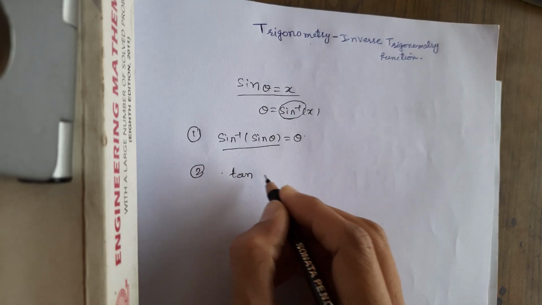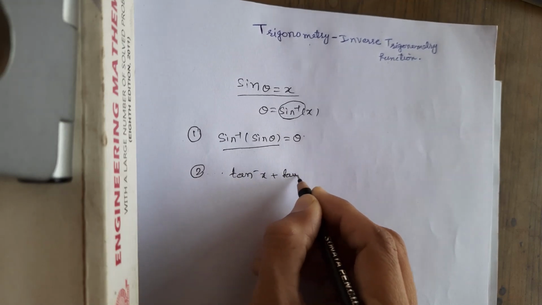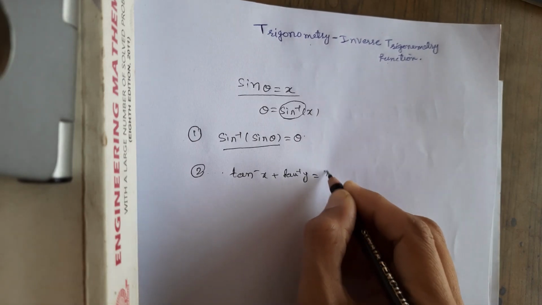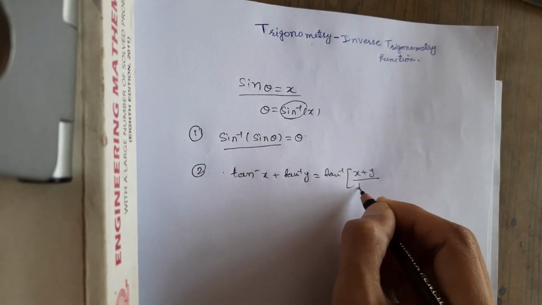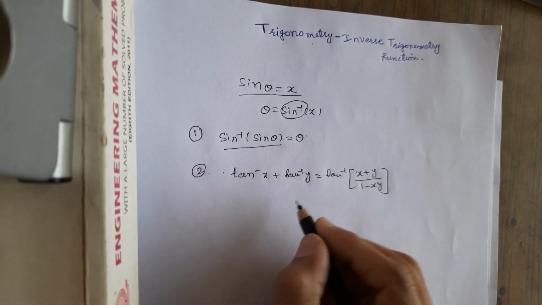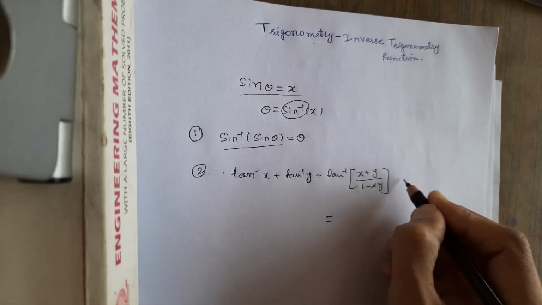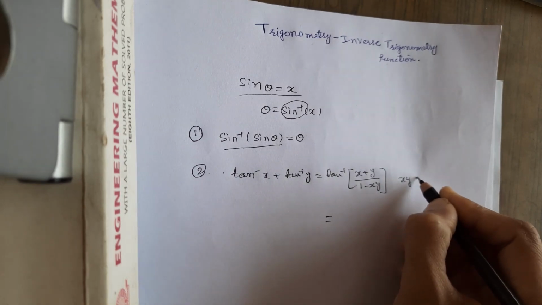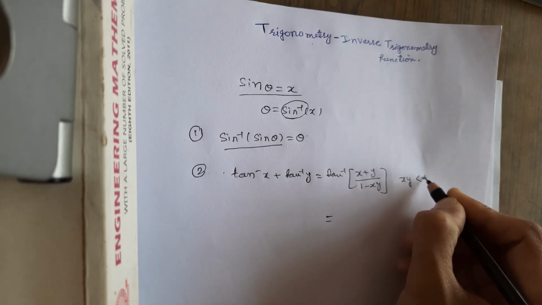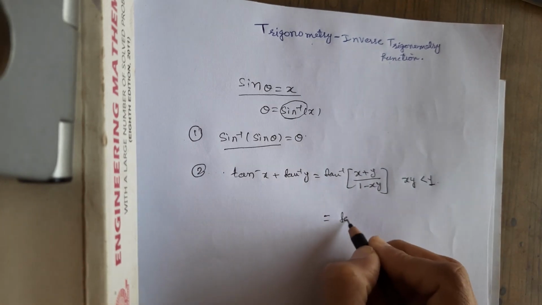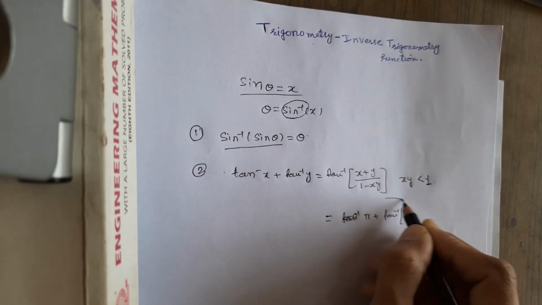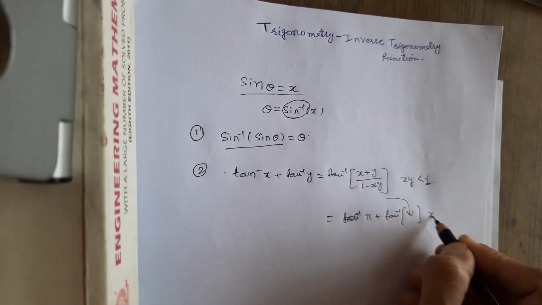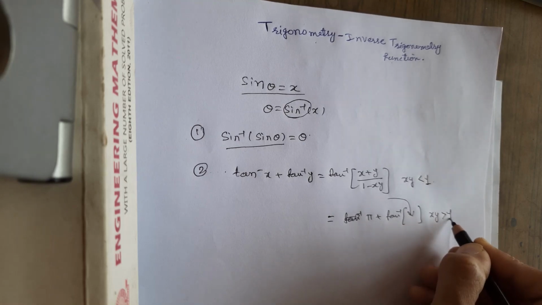that tan inverse of x plus tan inverse of y equals tan inverse of (x plus y) upon (1 minus xy), if x into y is less than 1. And it is equal to pi plus tan inverse of the same thing if x and y are such that xy is greater than 1.